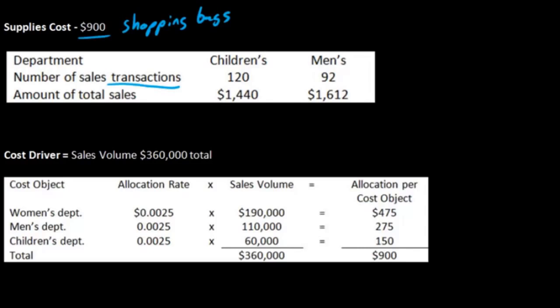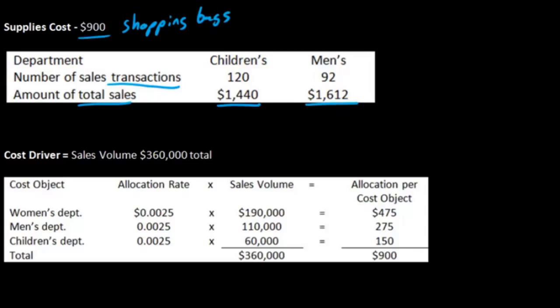So we could allocate this cost based on the number of transactions, and that would have a very strong cause and effect. The more transactions, the more bags, it would make a lot of sense actually. We could also allocate this cost based on total sales, but look what happens. In the children's department, we had $1,440 in total sales, and in the men's department, we had $1,612 in total sales.